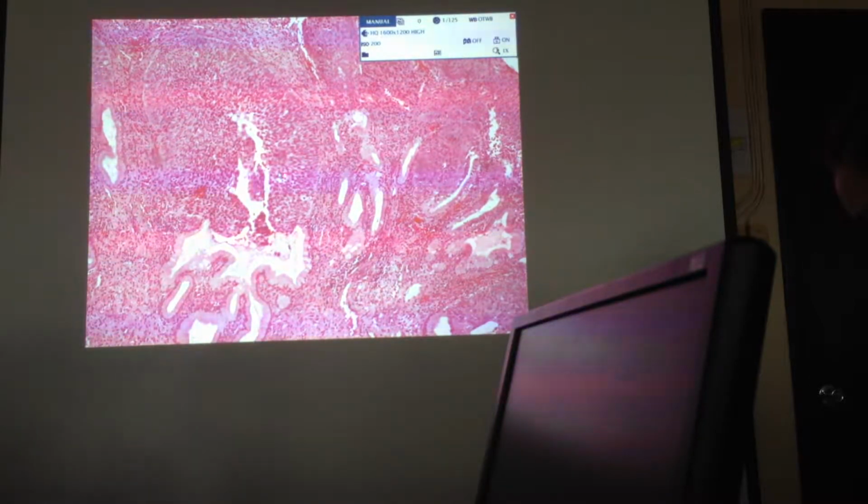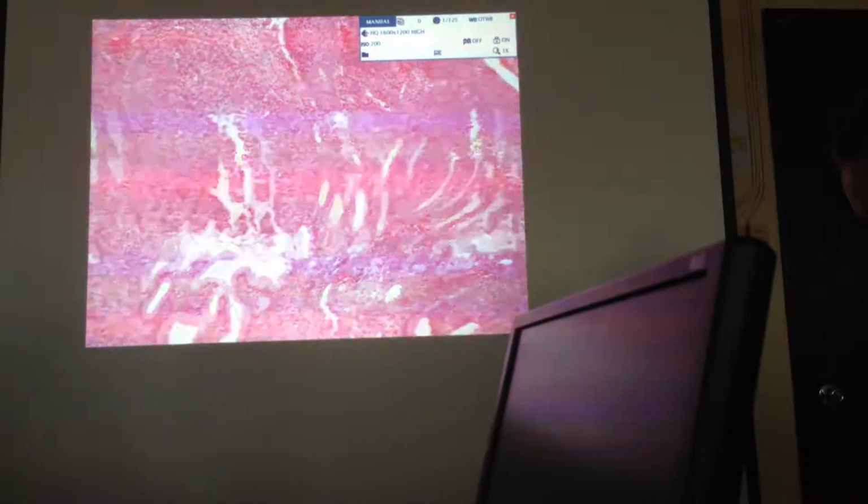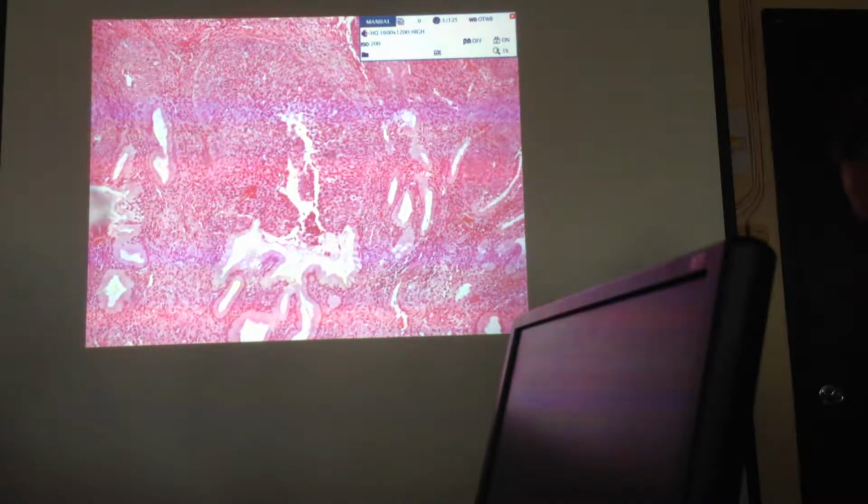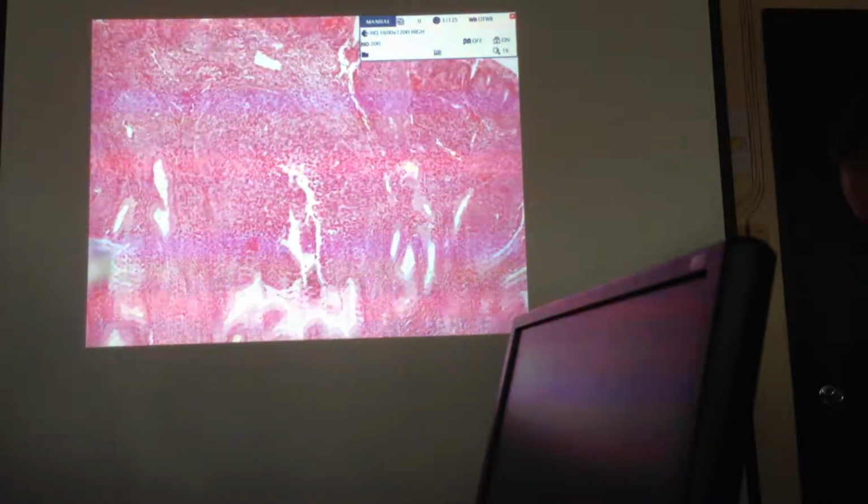Okay. So it would mean that this one was a previous metaplastic area, okay, that had undergone dysplasia. So this would still be cervical intraepithelial neoplasia.